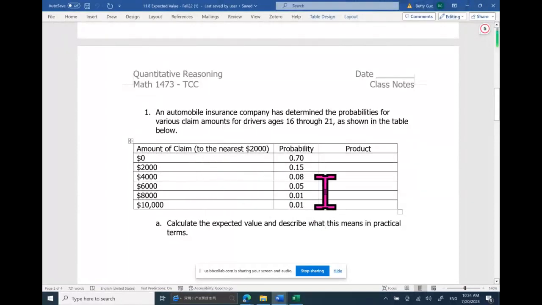Claim $4,000 is 8%, $6,000 is 5%, $8,000 is 1%. Serious car accidents are still rare. So claiming the maximum $10,000 is only 1%. So that's the data from the research done by the insurance company.